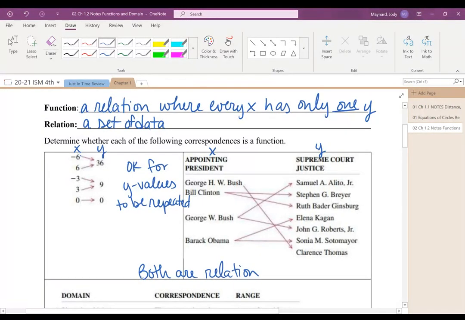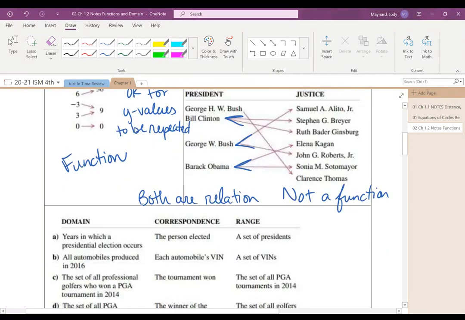For it to be a function, every x value has only one y value. Your x cannot have more than one y. So here, in this case, George W. Bush does have only one y value. However, the rest of these have two different y values. This says that it's not a function. Oh, and we said that this first one was a function because each x has only one y value.